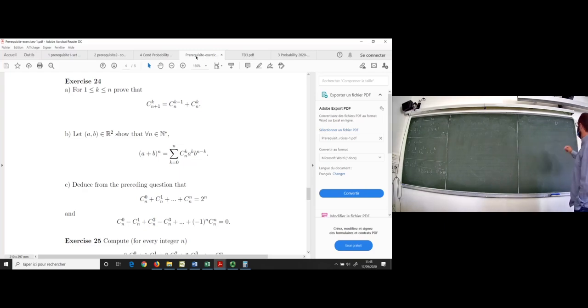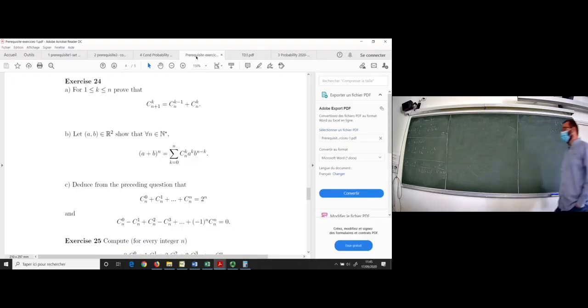So I can write k factorial as k times (k-1) factorial, because k factorial is the product of the k first integers. The same holds for (n-k+1) factorial, which can be written as (n-k+1) times (n-k) factorial.